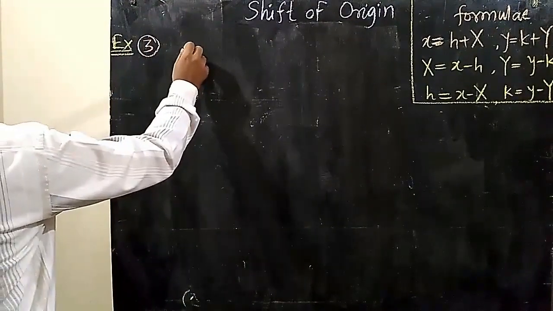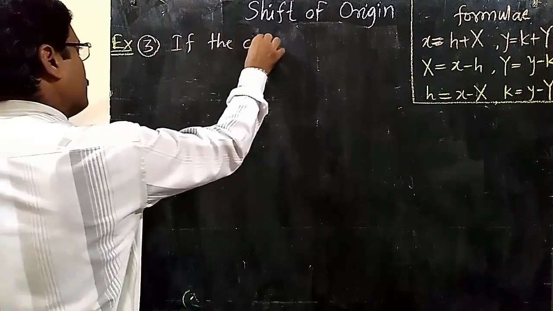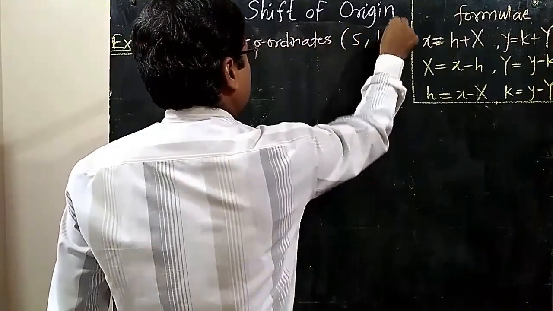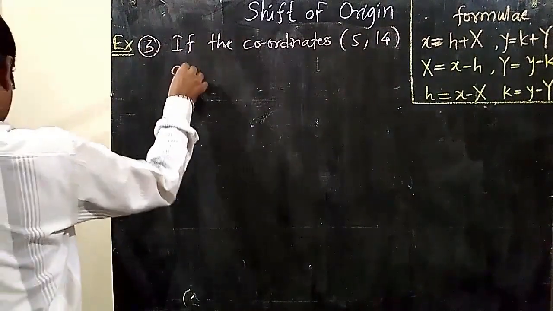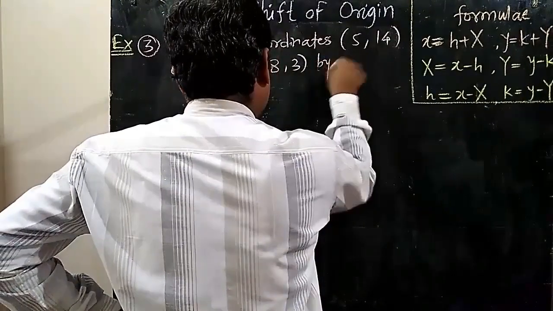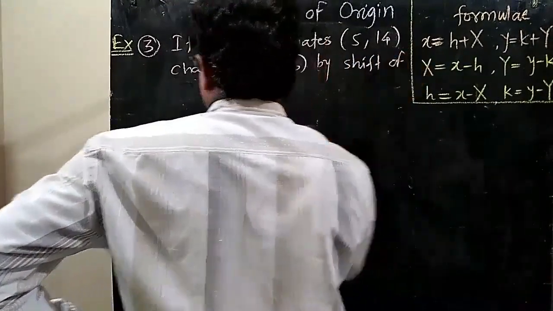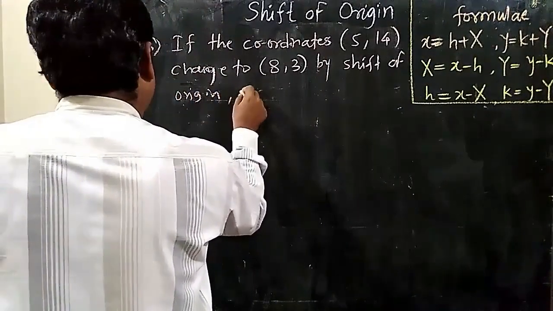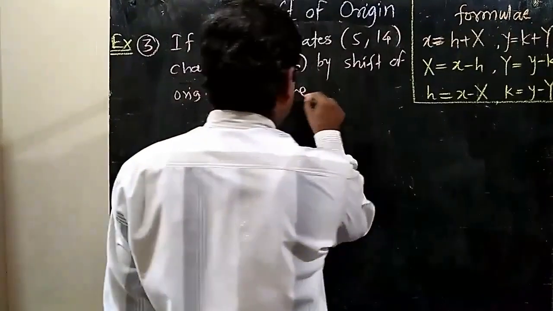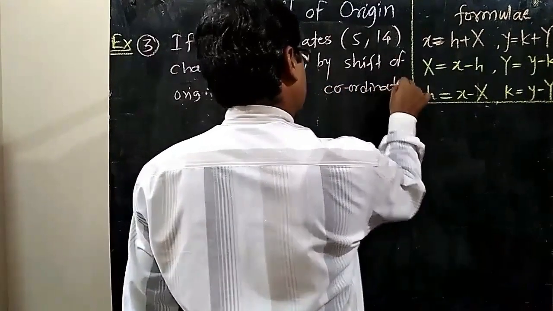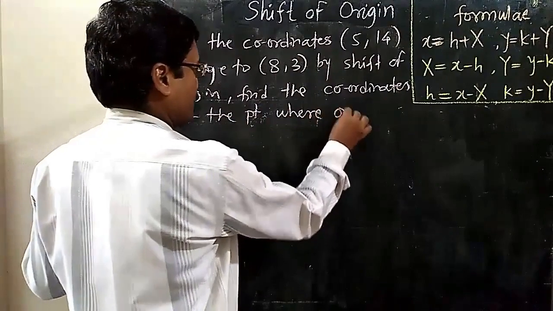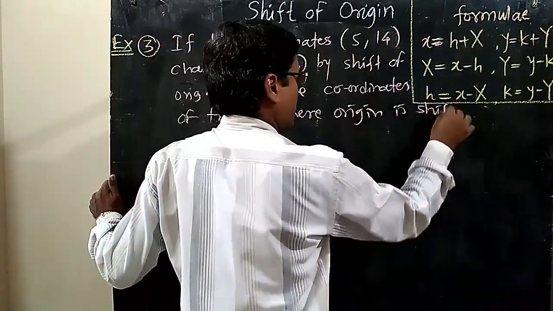If the coordinates of a point, these coordinates are 5, 14, change to 8, 3 by shift of origin, find the coordinates of the point where the origin is shifted.